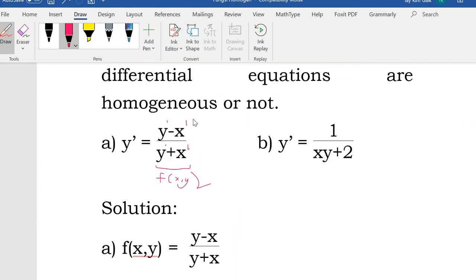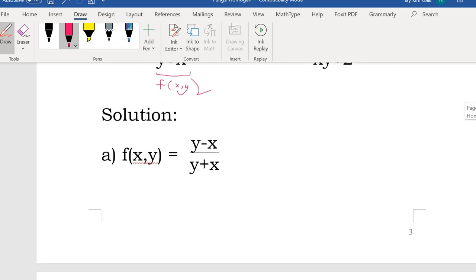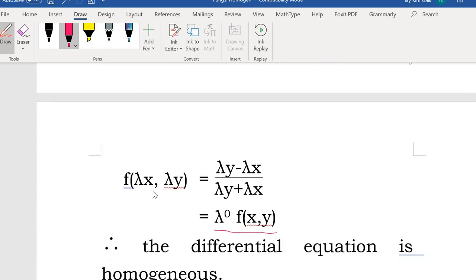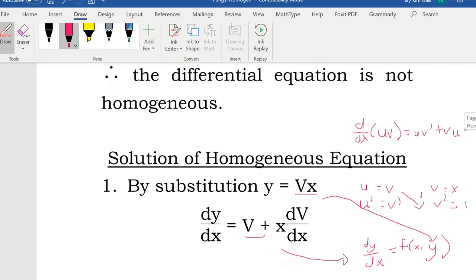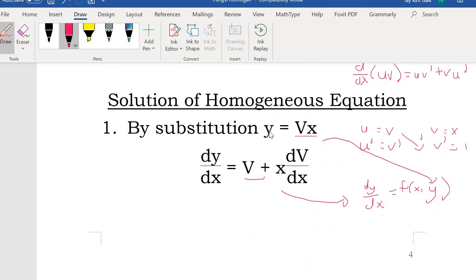But before that, given dy/dx equal to a function of x and y, if you can separate the function of x to dx and y to dy, then use the separable equation. Otherwise, check whether it is a homogeneous equation or not. For a homogeneous equation, you must prove that f(lambda x, lambda y) equals lambda power 0 f(x,y). Then you can use the technique of homogeneous equation.